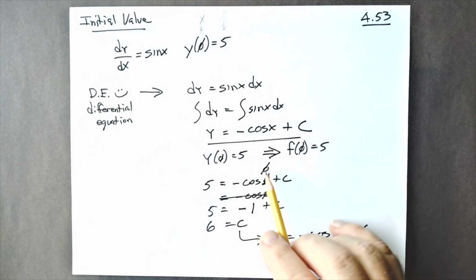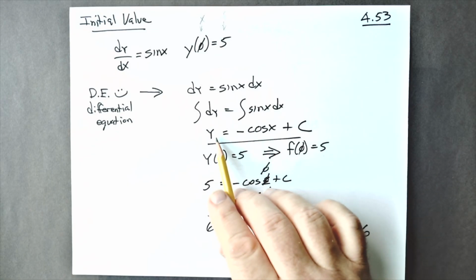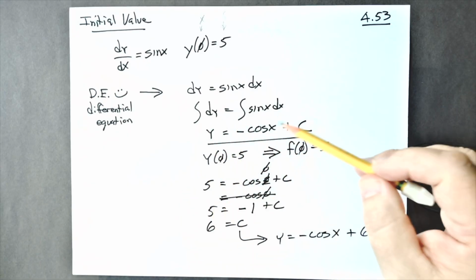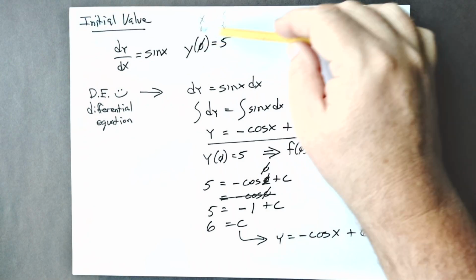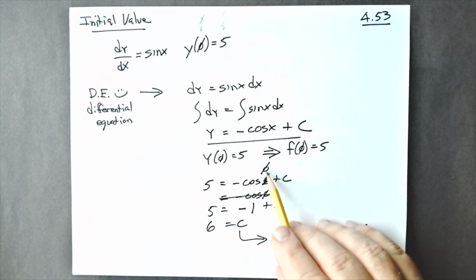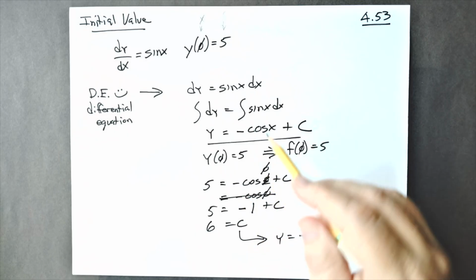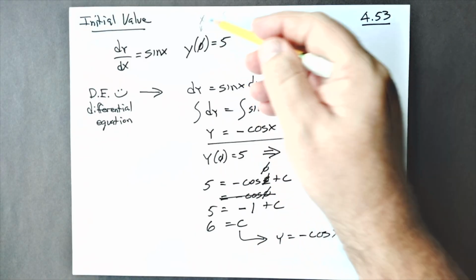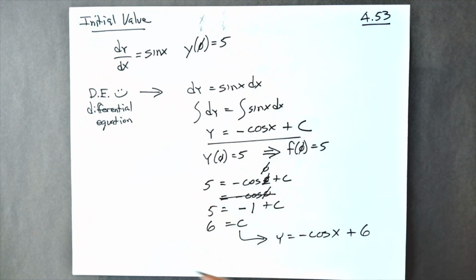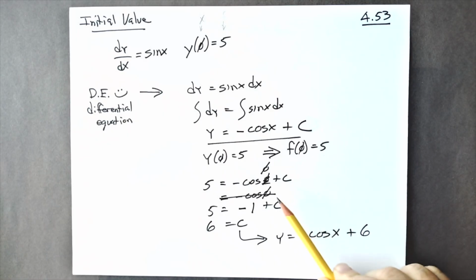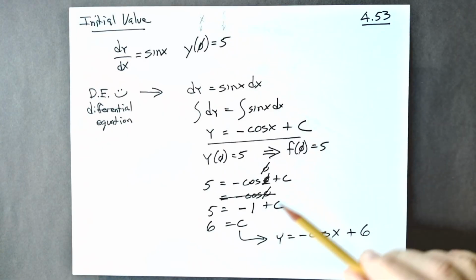So here is our equation that we came from. We're going to now substitute these values in here. So I'm going to substitute 0 in for x, because that was the x value, right? And 5 is the y. So I have 5 equals negative cosine of 0 plus c, because we're trying to find what c is for this particular case.